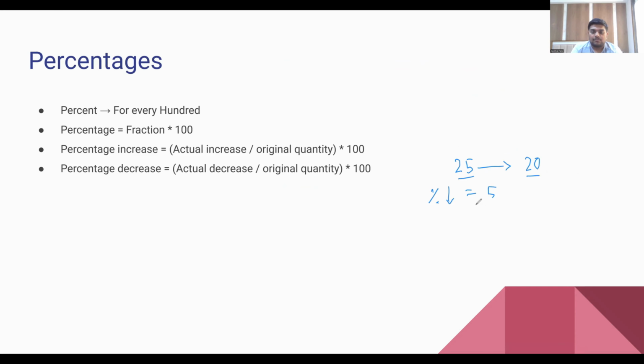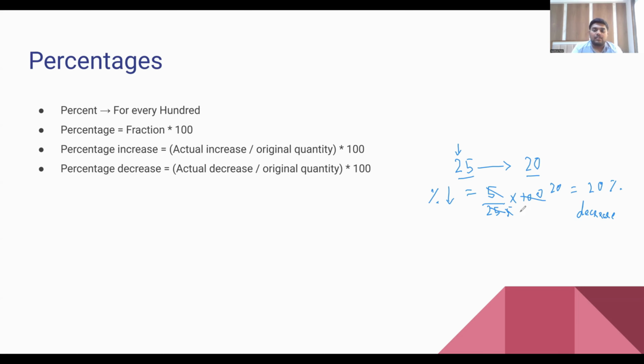It is 5. So 5 divided by original quantity, 25, into 100. So this goes 5 times and 20. So this is equal to 20 percentage decrease.